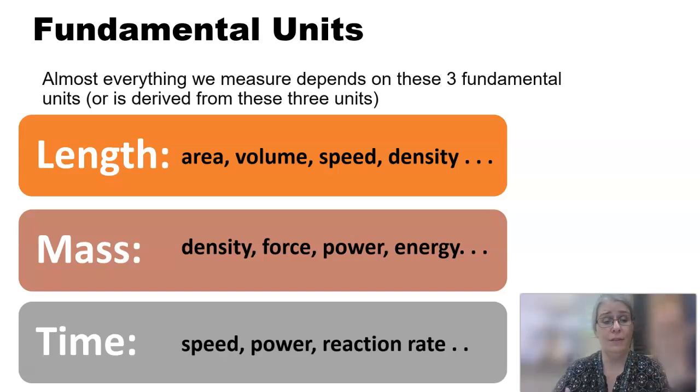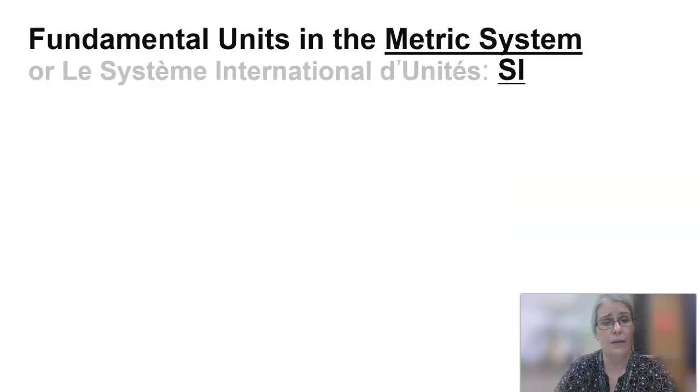And also, if I go back to things like my speed limit, it was miles per hour. So we had a unit of length there in miles, but we also had a unit of time. And we find time in a lot of other measurements as well. So using these 3 fundamental units, we'll get almost everything that we measure in chemistry class.